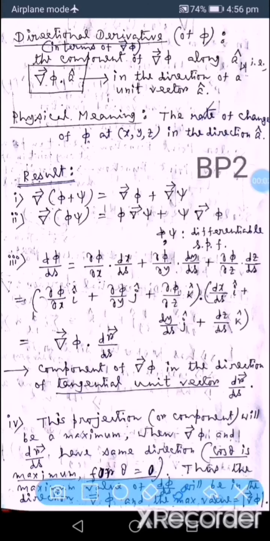Now a few results. Del of (phi plus psi) equals del phi plus del psi. Del of (phi psi) equals phi del psi plus psi del phi, where phi and psi are differentiable scalar point functions.